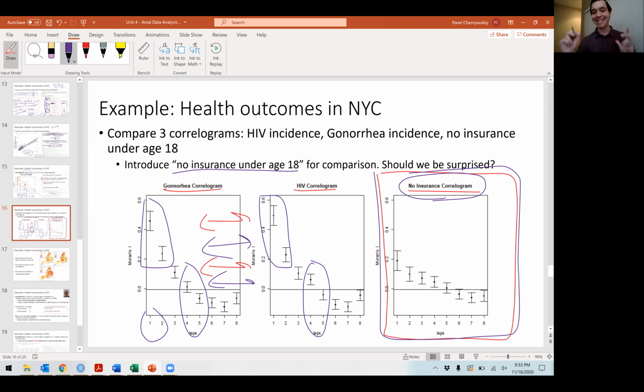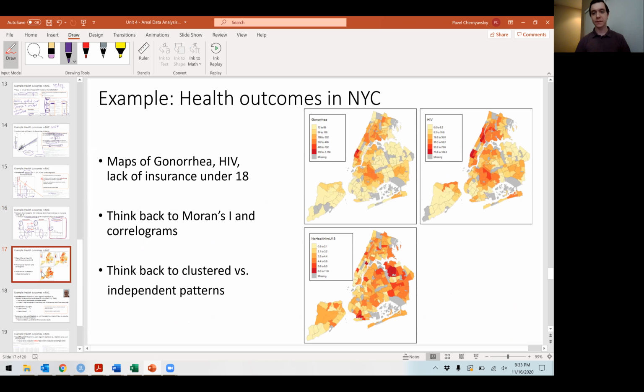Yes, there is statistically significant, technically, spatial correlation at the first, well, call it 4 neighbors, but the magnitude of that correlation is quite a bit lower than that of gonorrhea and HIV. So should we be surprised? I don't think so. Let's verify.